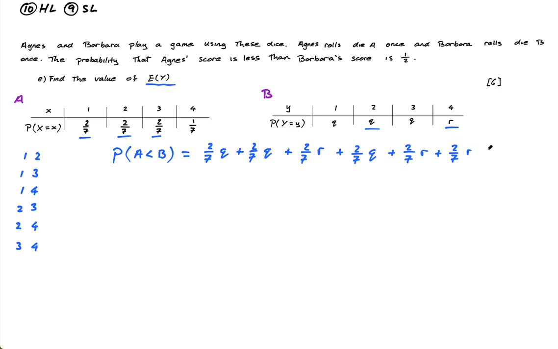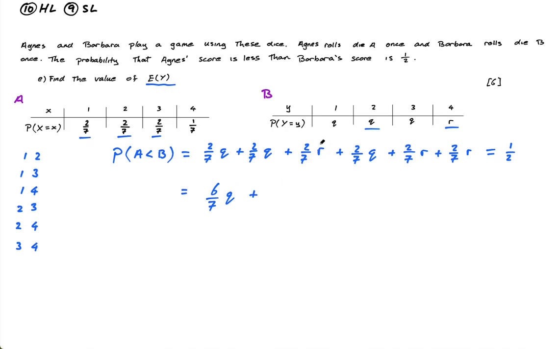And this is equal to, because we were told the probability that this happens is a half. Let's simplify this. Let's just add the Qs. I have 2/7 Q plus 2/7 Q plus 2/7 Q. That is 6/7 Q. You just add because it's a common denominator: 2Q plus 2Q plus 2Q is 6Q.